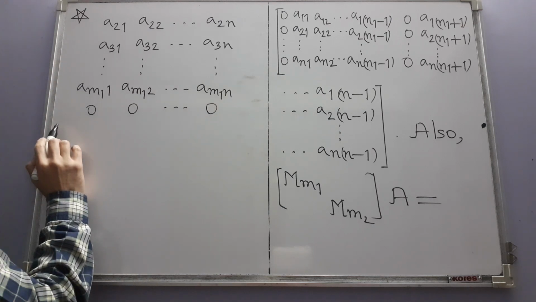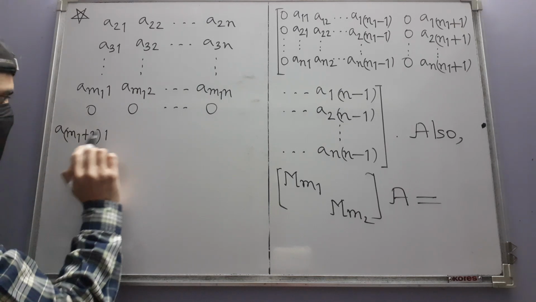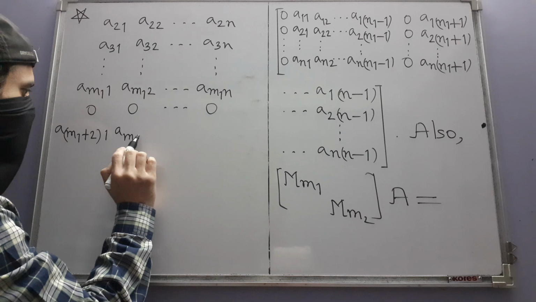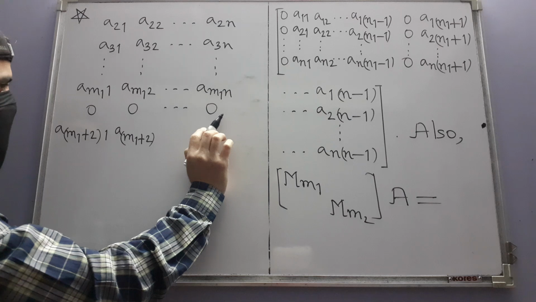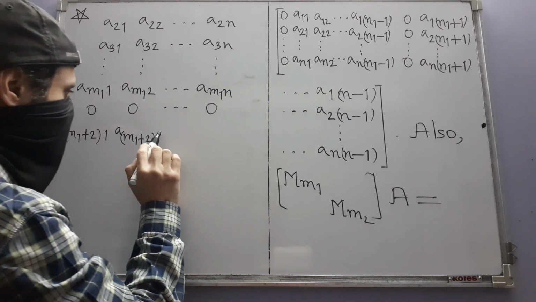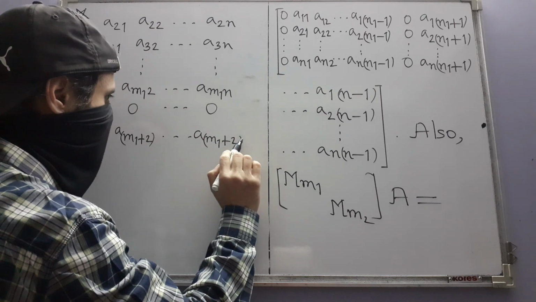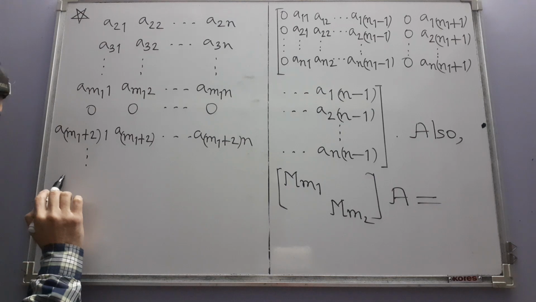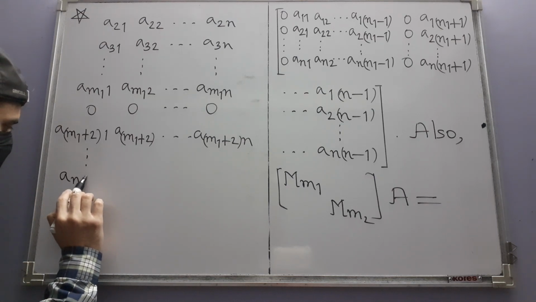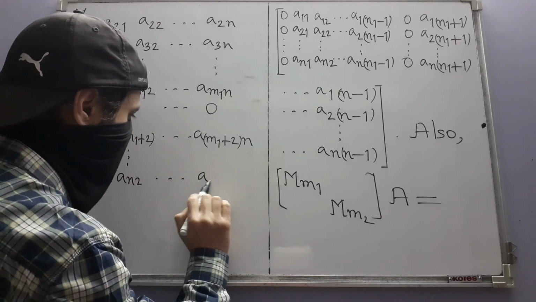Then a m1 plus 2, 1, a m1 plus 2, here you have m1 plus 1 doesn't appear, then m1 plus 2, m1 plus 2 n, and like that it falls, and finally we have a n1, n2, n.